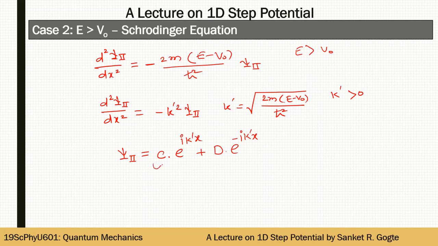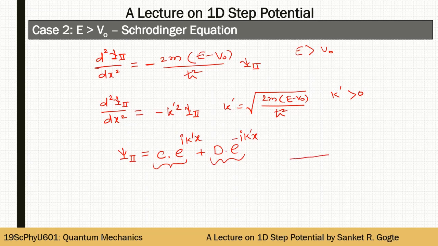The first represents a particle in region 2 traveling towards the positive x-axis, whereas the second term represents a particle traveling in the negative x direction in region 2. So can you tell me which of these two terms cancels? One of them should not be there. Physically it is insignificant.